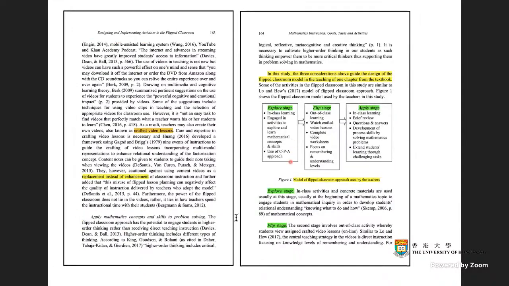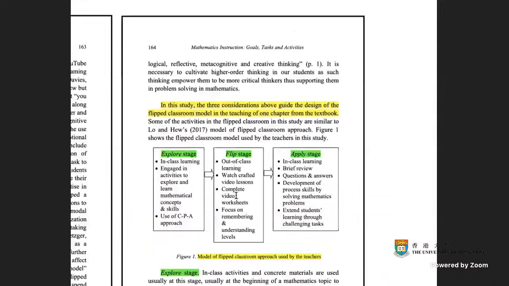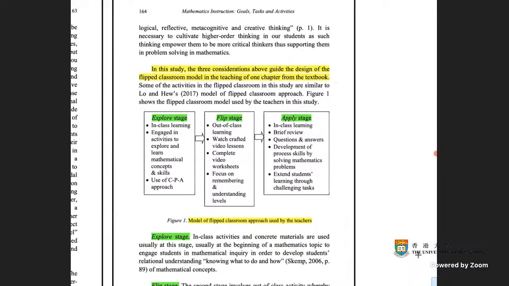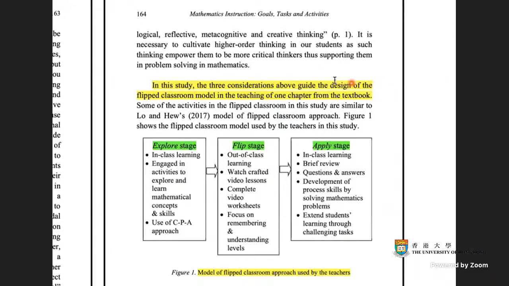And then they specifically describe a model for the lesson mentioned in this chapter. So you can refer to this table here to see the model. Now, this is one way to see flipped learning. It may not be the usual or common way.